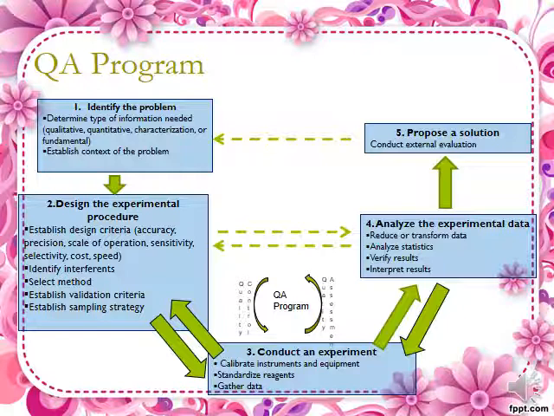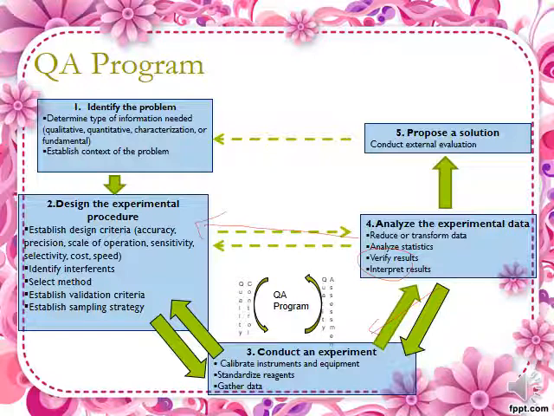Once the procedure has been identified, then we can conduct the experiment. If anything goes wrong in this step, then we go back to the procedure. Probably the selected procedure is not suitable. Then once the experiment has been conducted, we analyze the data. If the data analysis leads to error during the interpretation, then it has to go back to the experimental method, or it can go back directly to the procedure.